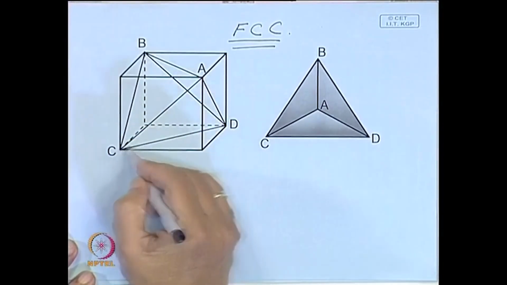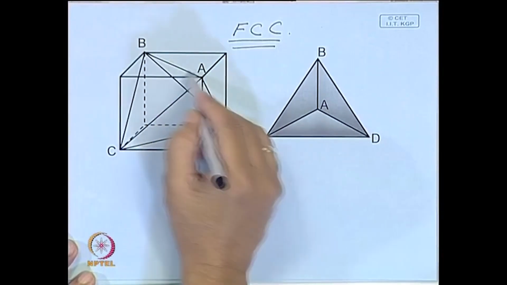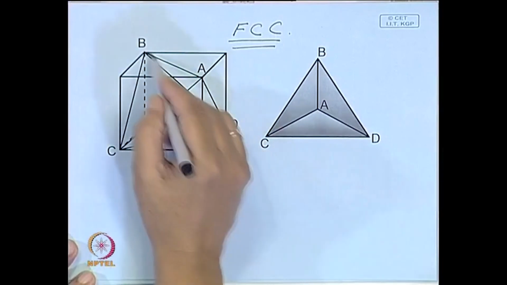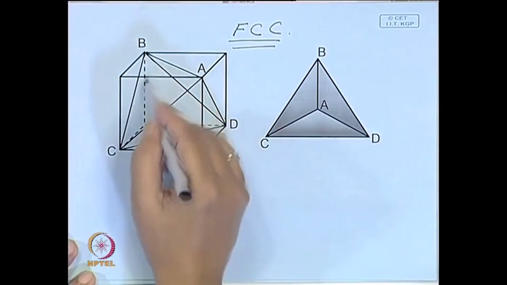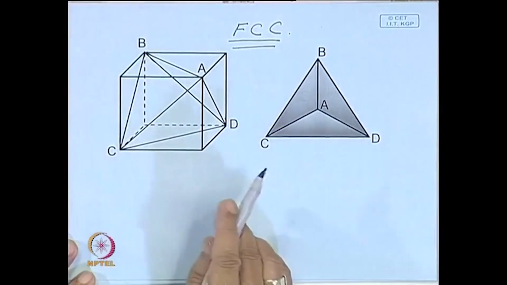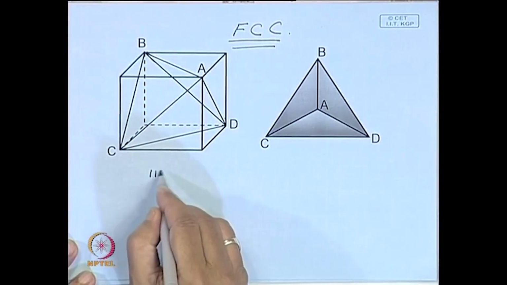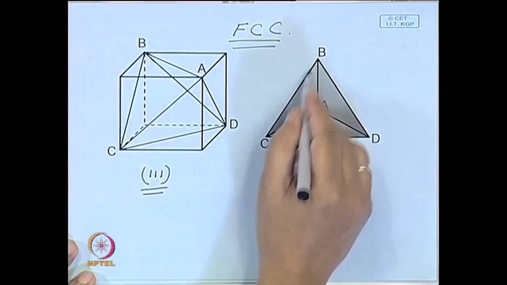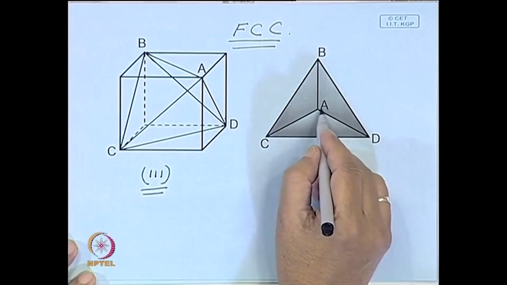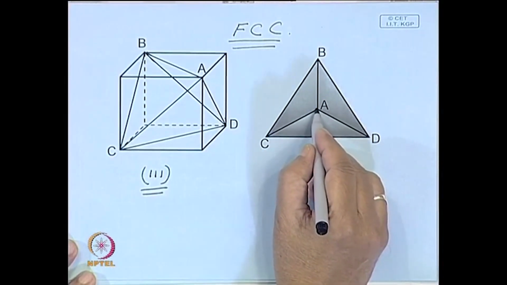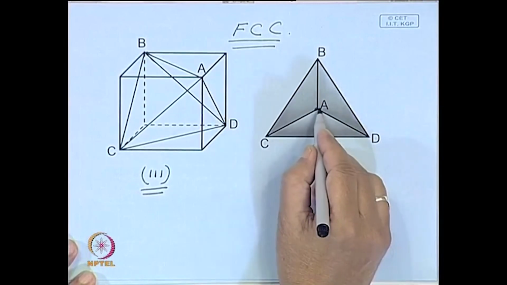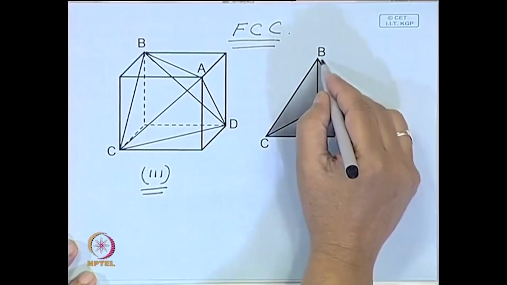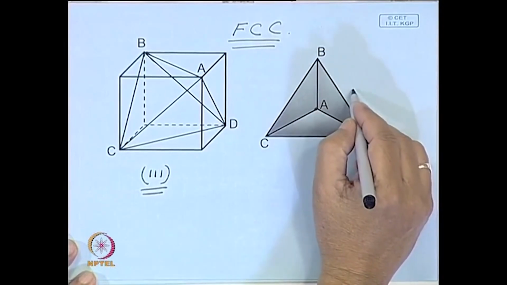This is one 1 1 1 plane, this is another, this is another, and this is the fourth. These four slip planes of 1 1 1 type make one tetrahedron, shown over here, and the vertices of this tetrahedron are designated A, B, C, D.